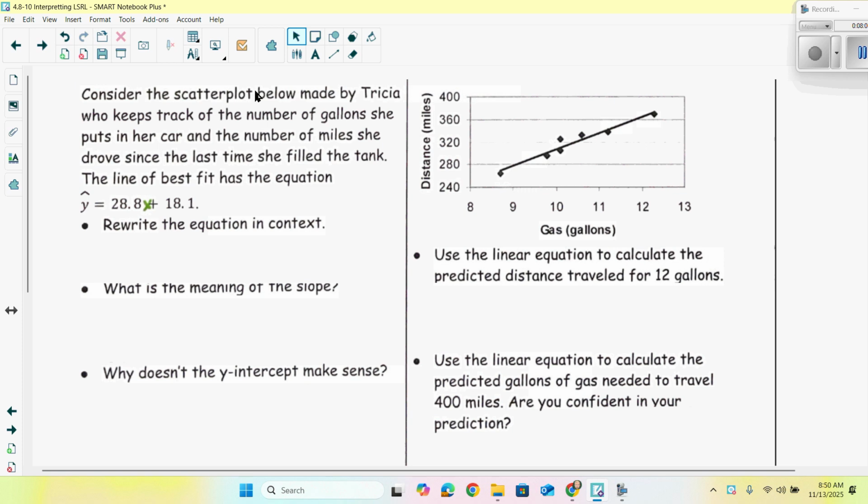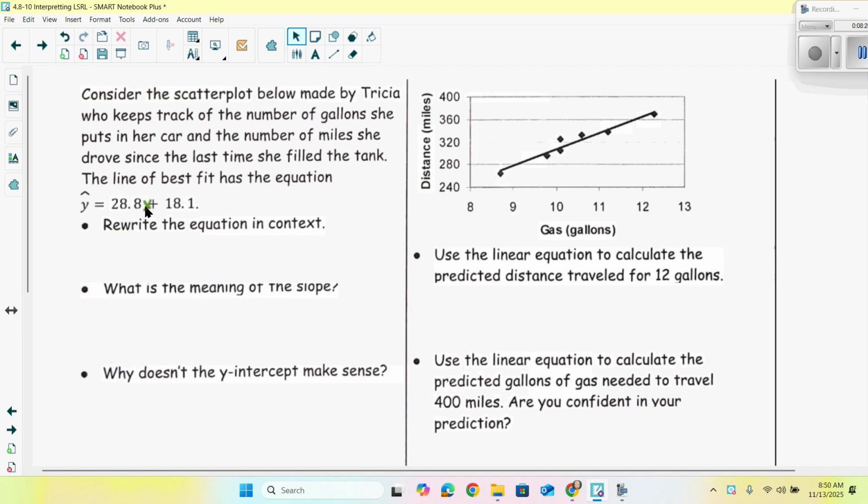Consider the scatter plot below made by Tricia, who keeps track of the number of gallons she puts in her car and the number of miles she drove since the last time she filled the tank. So this will get her economy of using gas, miles per gallon. The line of best fit has this equation. We missed the x in our initial when we wrote this.